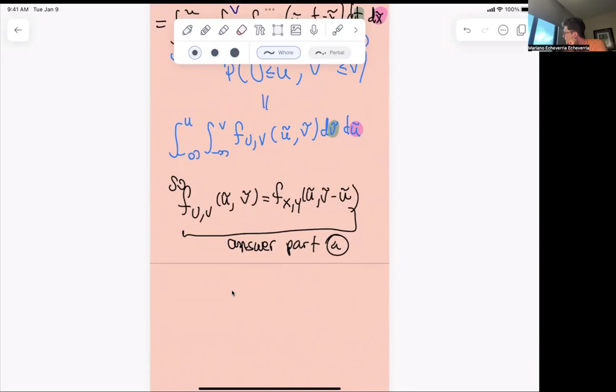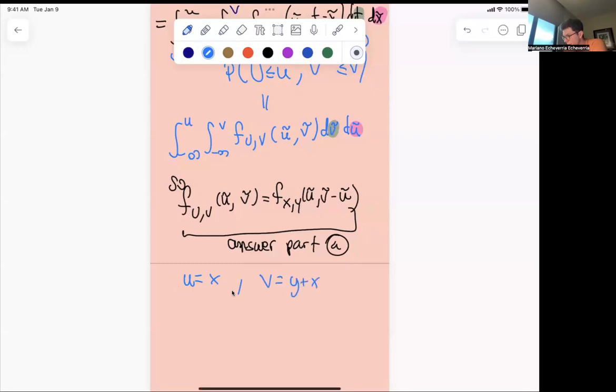Let's see. So you did a change of variables so that we can write everything in terms of u and v, right? Yeah, essentially, secretly u was X and V was Y plus X, right?